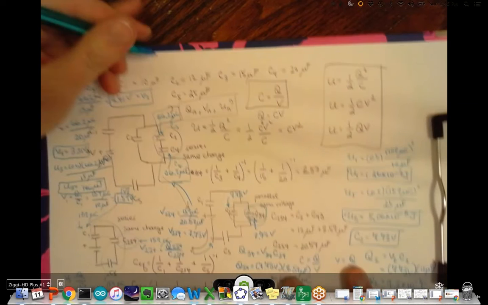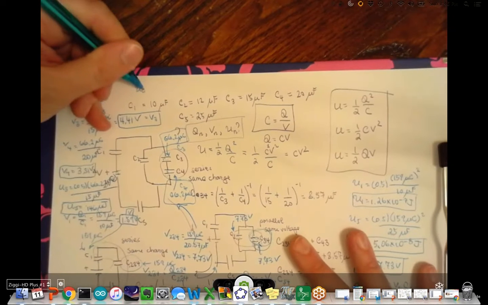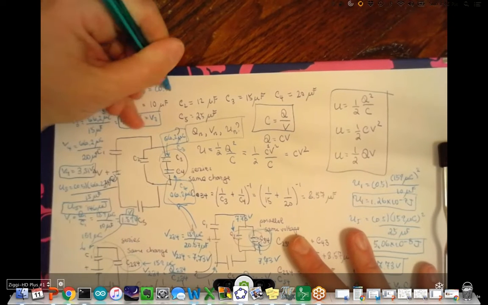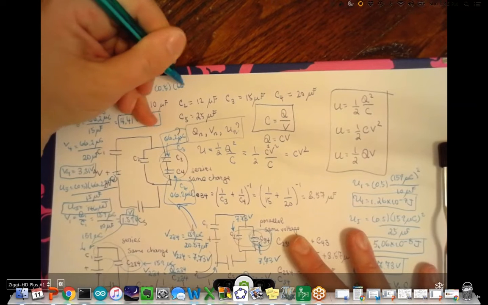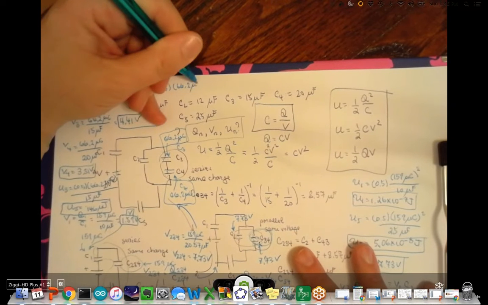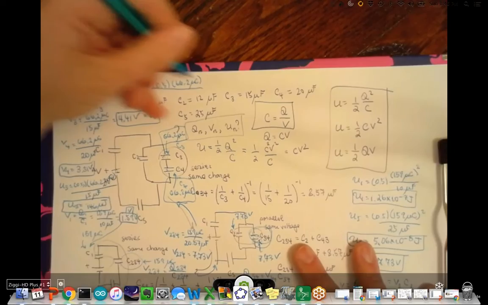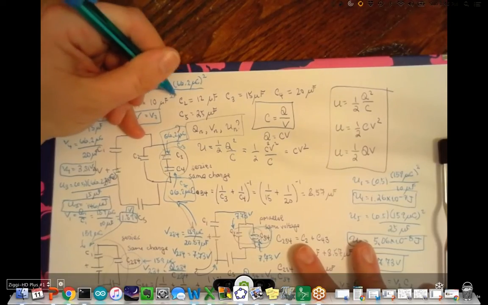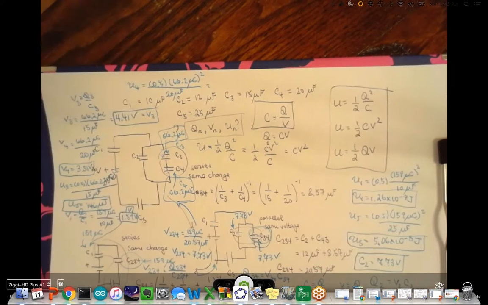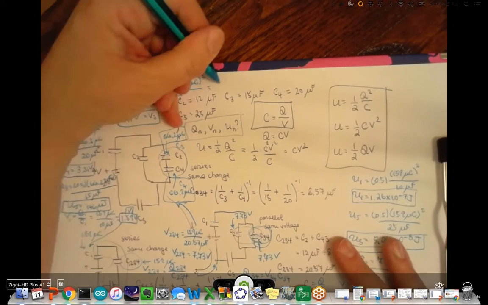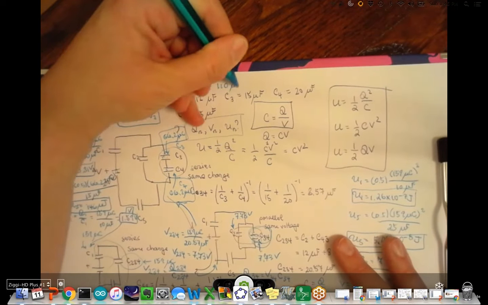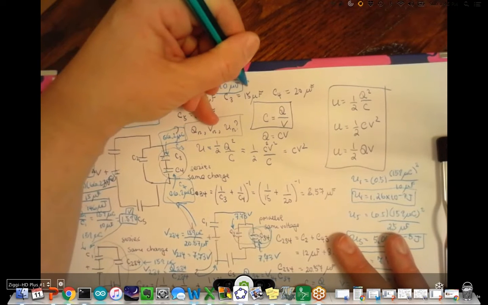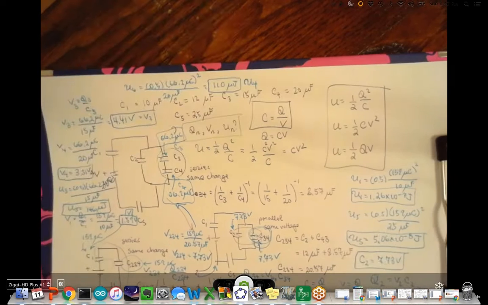And U4 is 0.5 times 66.2 microcoulombs squared over C4, which is 20 microfarads. So this one should be 110 microjoules. So this is U4.